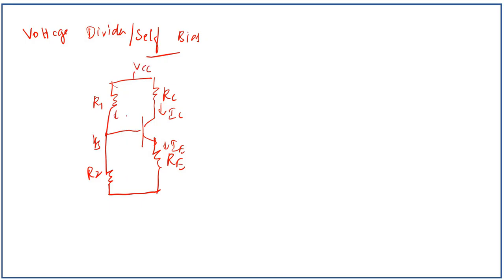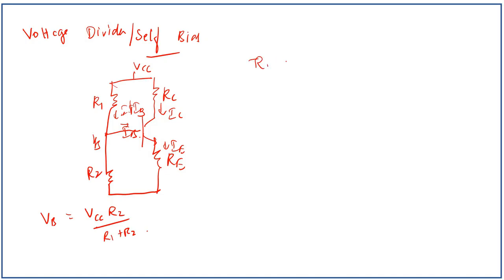So this is the base current IB plus I. Here the current is IB. So we need to find the Thevenin's equivalent voltage and resistance to do the voltage divider biasing. So we will have Thevenin's voltage VB equal to VCC into R2 by R1 plus R2.